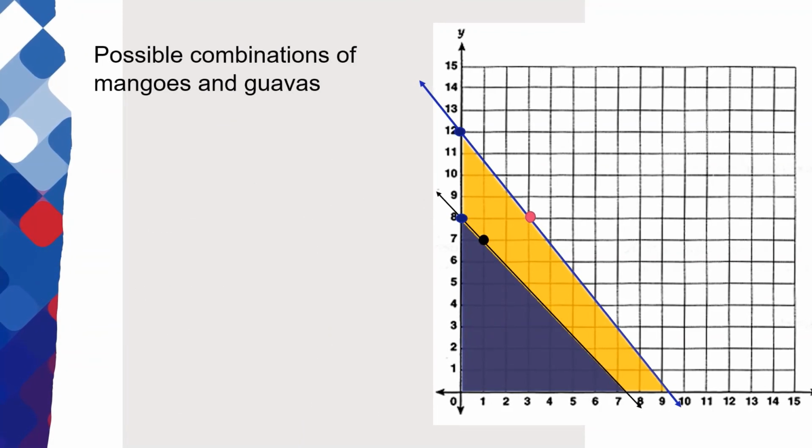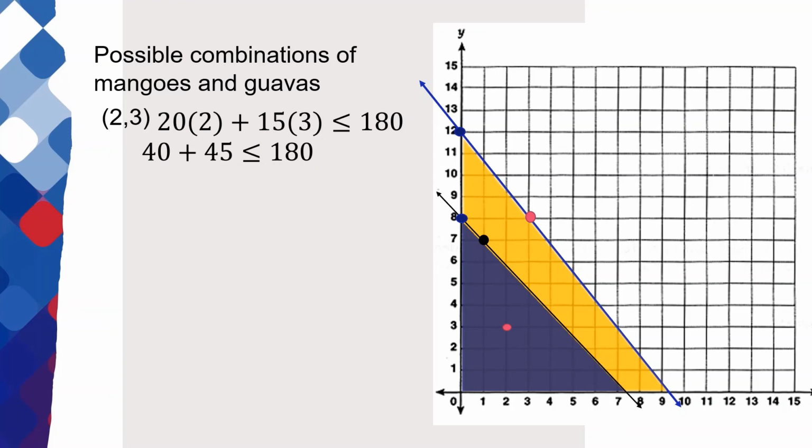Now let's identify the possible combinations of guavas and mangoes. Let us look for a point located on the double shaded portion. So let's say we have 2, 3. When we test, we have 2 times 20 plus 15 times 3 is less than or equal to 180, which is equal to 85 is less than or equal to 180, and that is true.